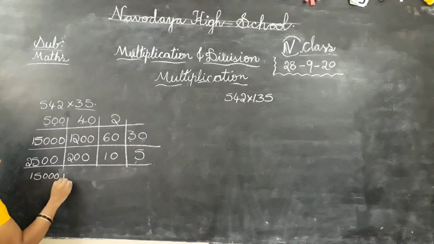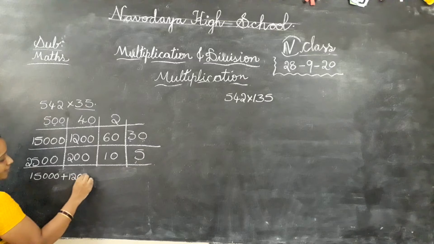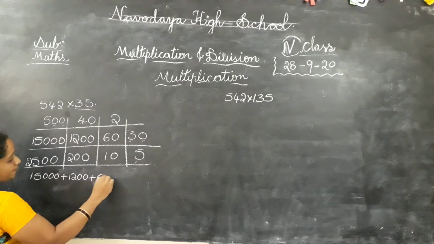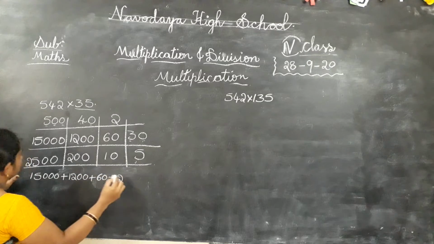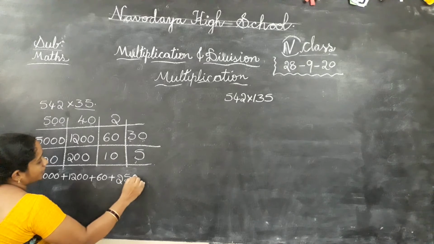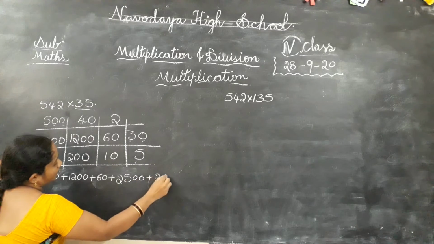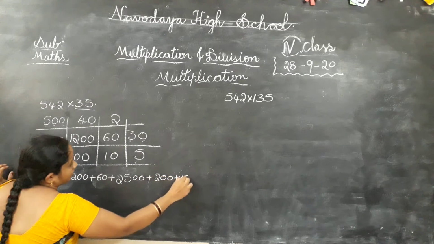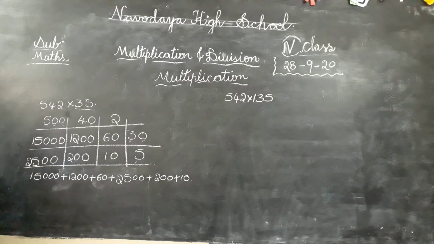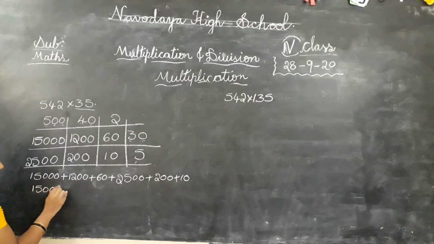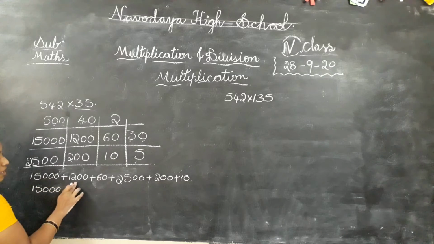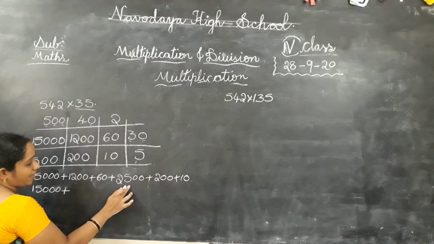So write these numbers in order. 15,000 plus 1200 plus 60 plus 2,500 plus 200 plus 10. So first add all these numbers, children. 15,000 plus 12,000 and 2,500.